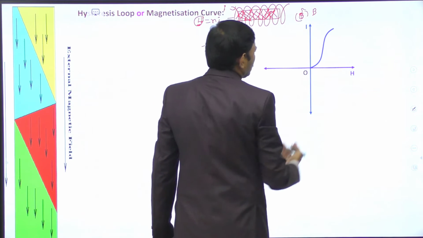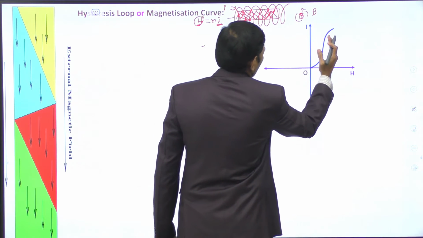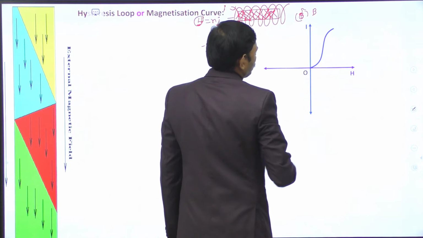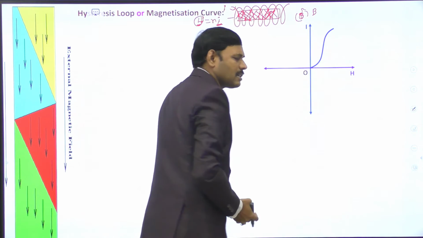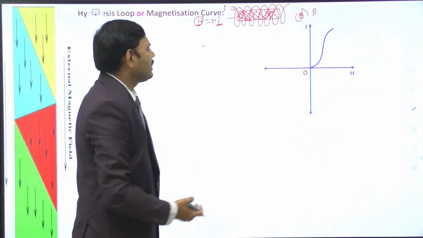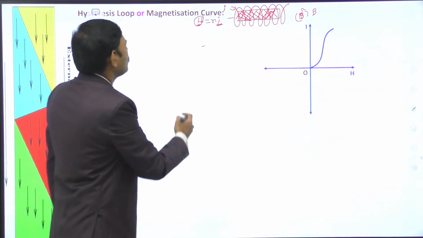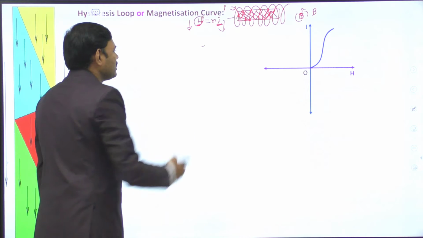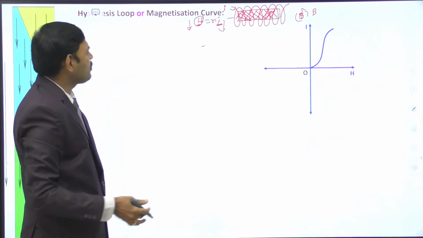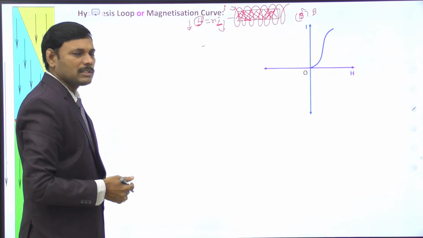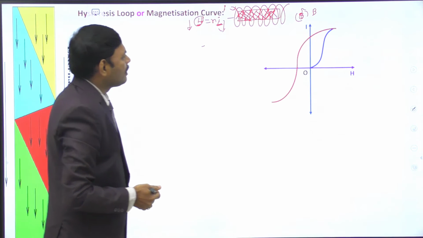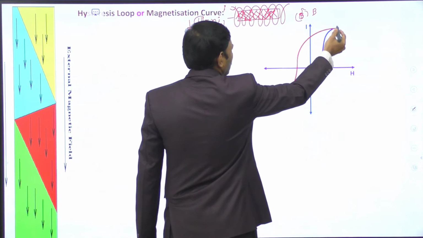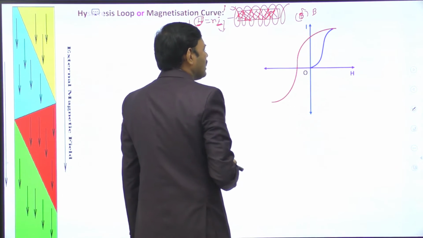The magnet gets saturated at a particular value of H. Then we decrease the H value by decreasing the current passing through the solenoid. Then when we decrease H, I gradually decreases.